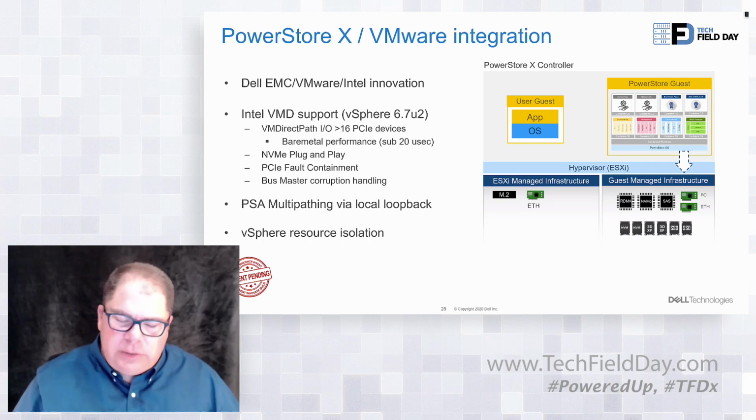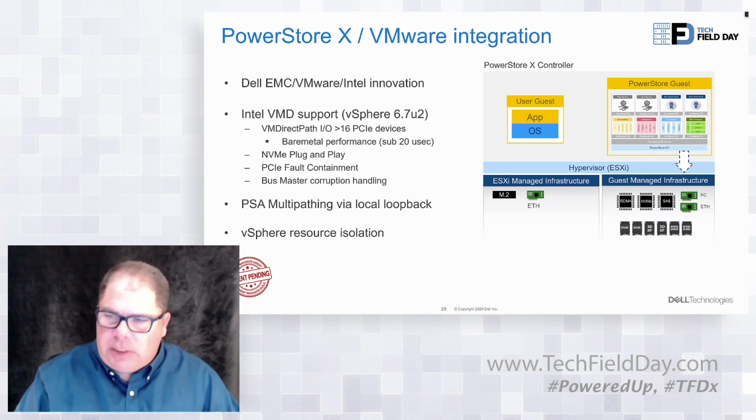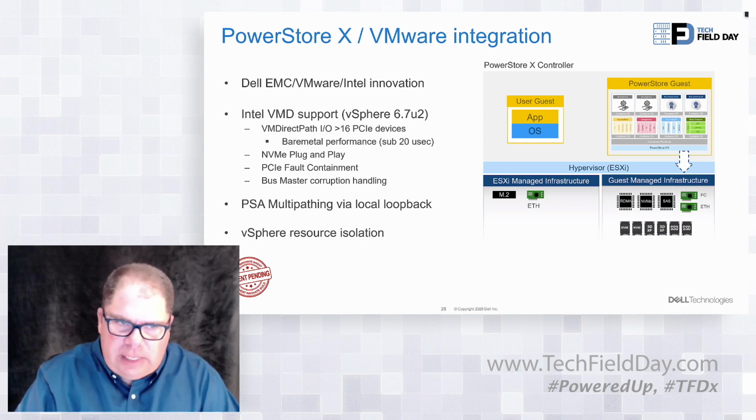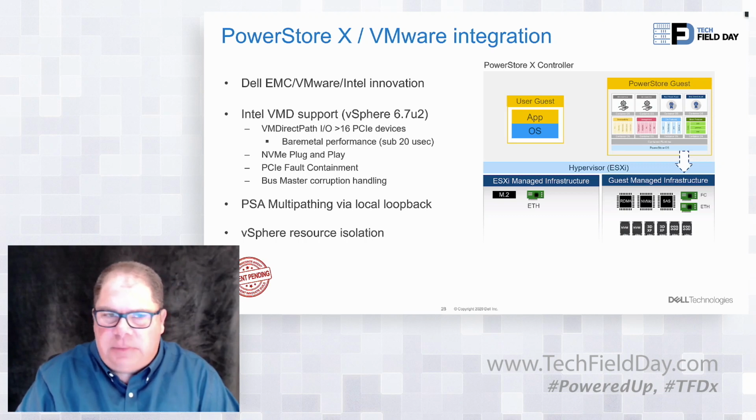So we worked very closely with Intel and VMware to leverage Intel's Volume Management Device. When we first tried to use it, it didn't work in a hypervisor environment. There needed to be specific support for it. But we did work with them. We co-developed a solution with Intel, VMware, and the PowerStore team, and delivered this capability in vSphere 6.7 Update 2.